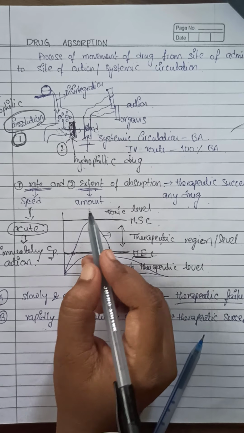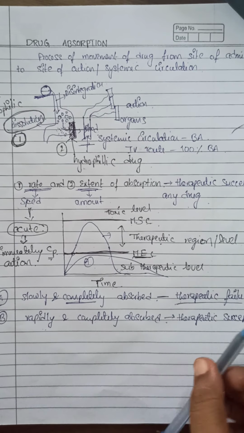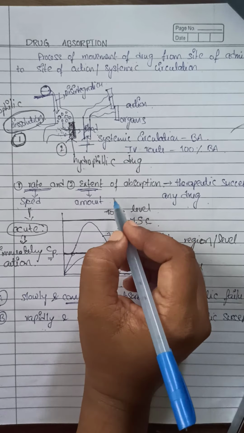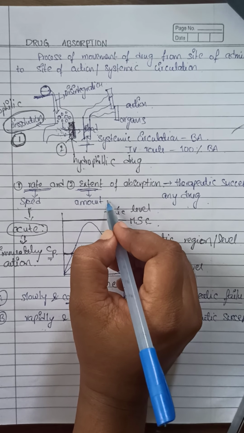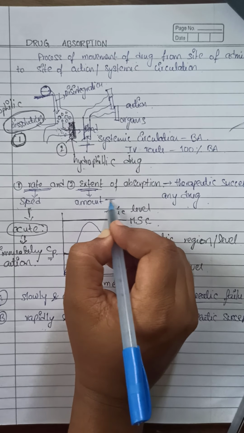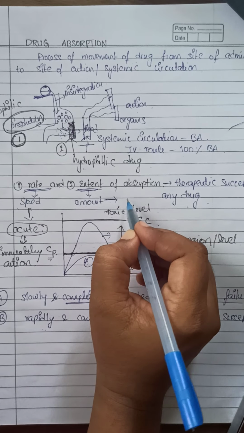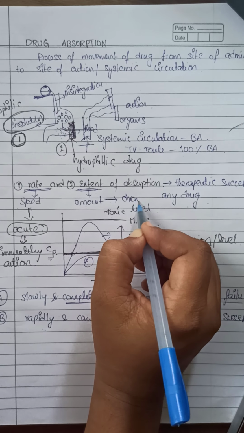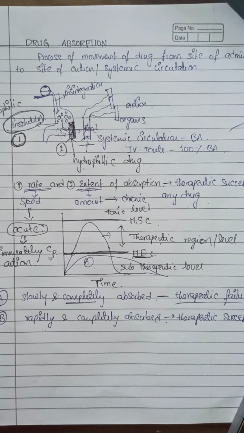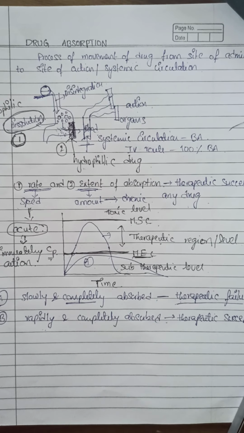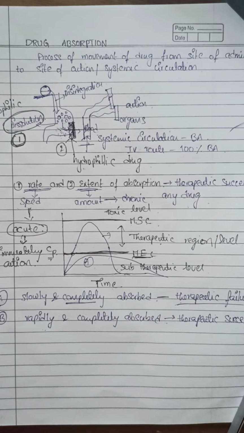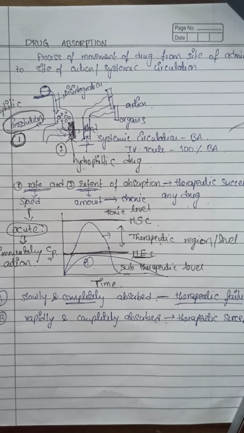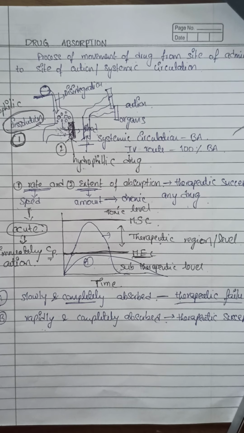Whereas the extent of absorption, our amount of absorption, is important in case of chronic conditions, chronic diseases. If the amount of the drug reaching the systemic circulation is more, the intensity of the action is more and the therapeutic efficacy is more.